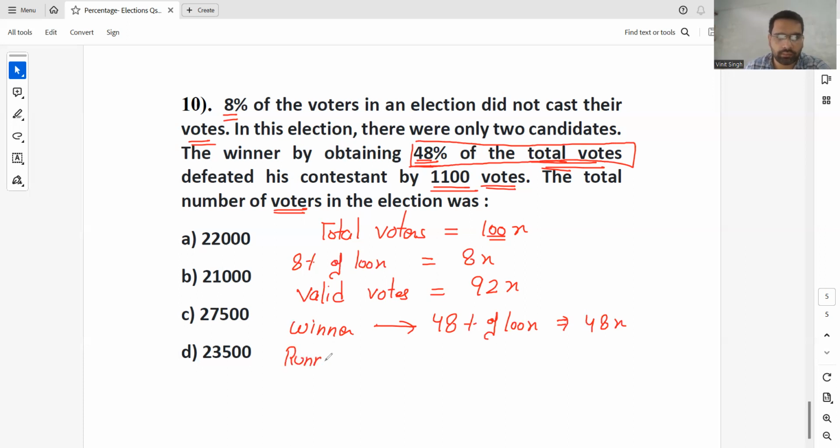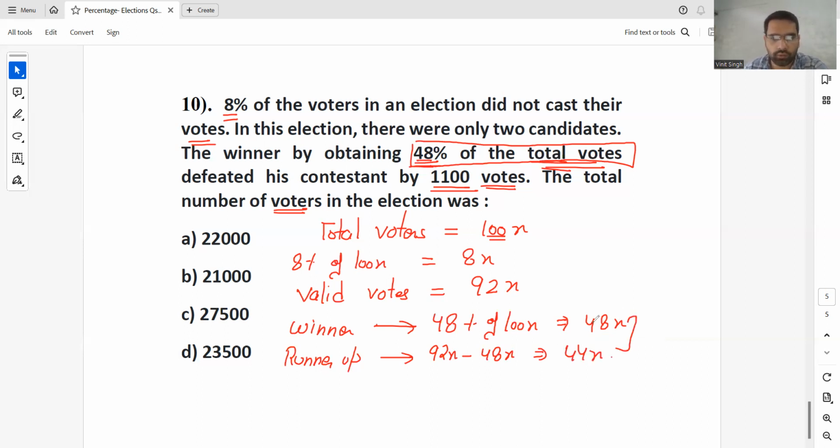When we count how many votes the runner-up will get, it depends on the valid votes, not the total votes. So the winner gets 48x, and the runner-up will get 92x minus 48x, not 100, which is equal to 44x.